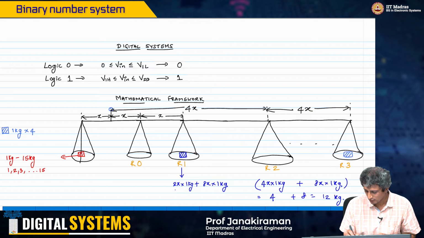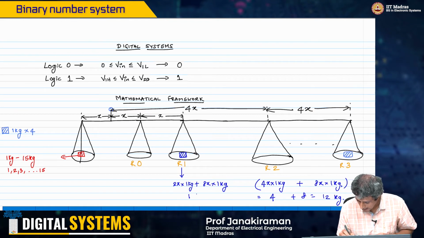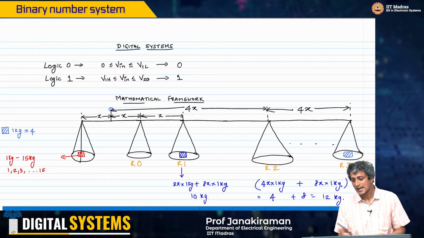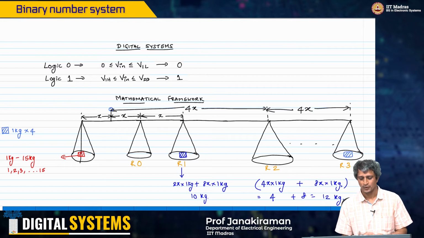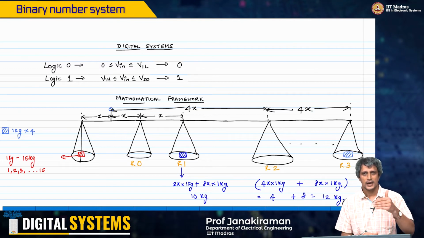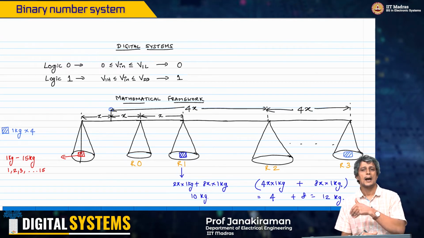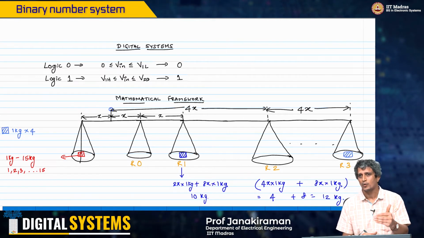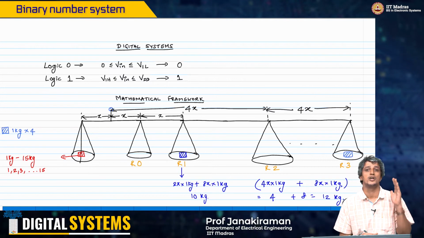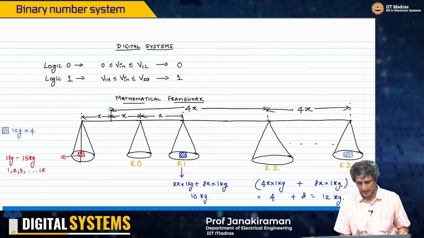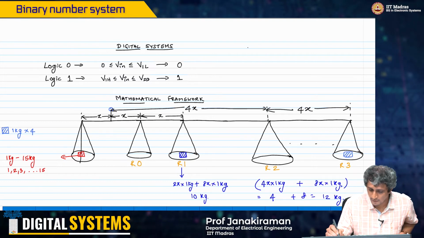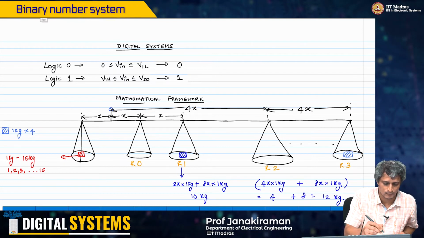Effectively it is 8 plus 2, so it is 10 kg as opposed to 12 kg. Now, in the earlier case the red block was lighter; let us say this time it is heavier.